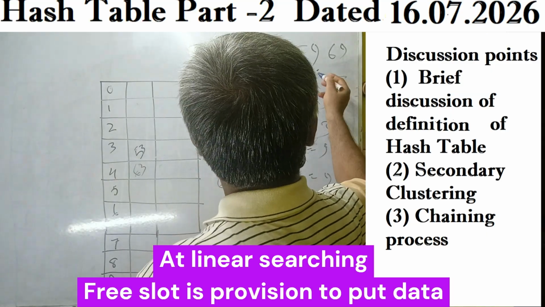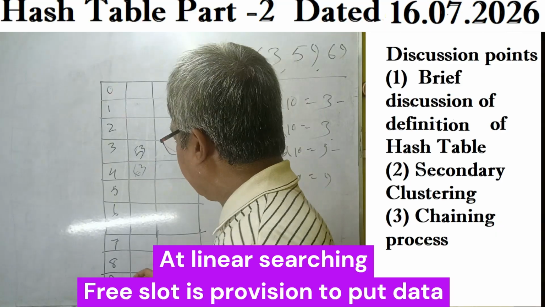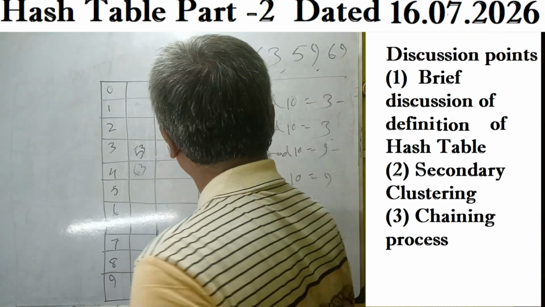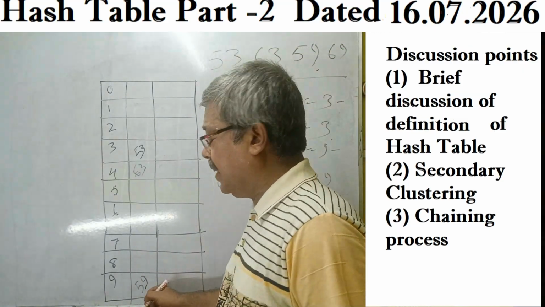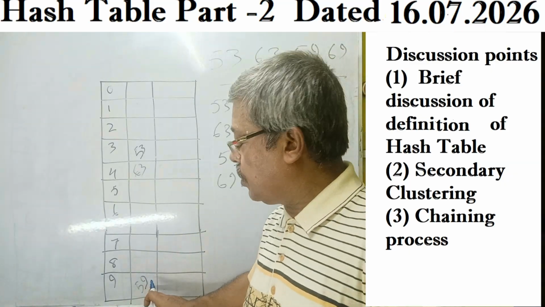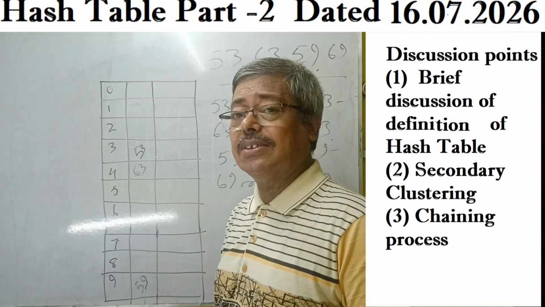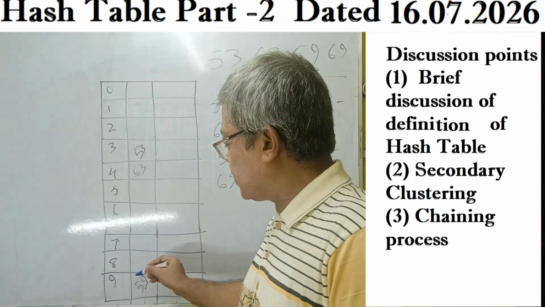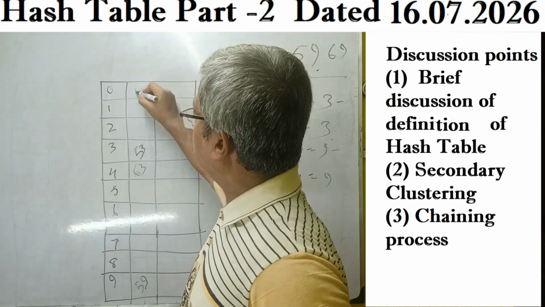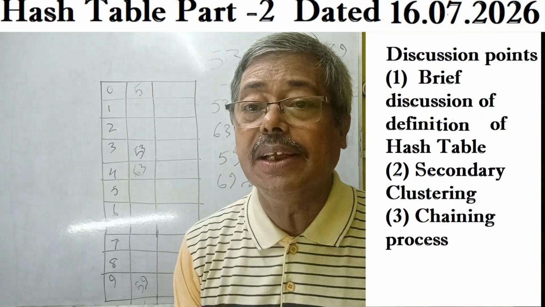Then comes 59. For 59 the remainder is 9, so the data room is 9. So 59 is at that position. Next time comes 69. At this room it is already filled, so this data is not able to enter at that point. So for 69 the rule says to go to the next slot. No slot is there after 9, so the next slot means 0, and at index number 0, 69 will be shifted.